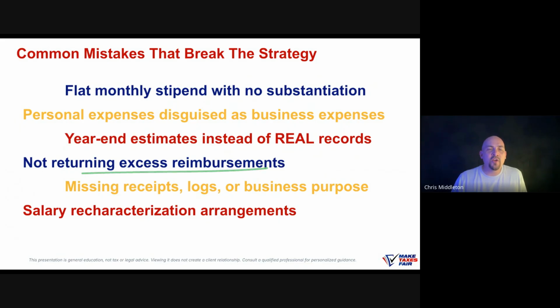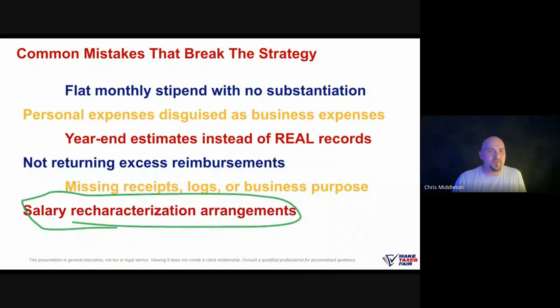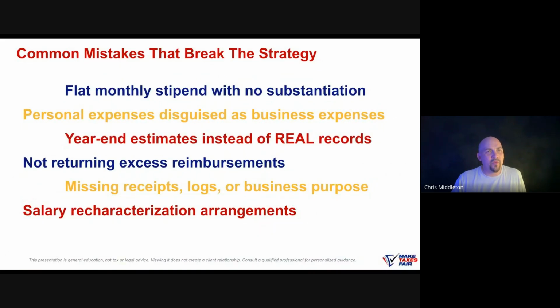People that don't return excess reimbursements, that's a problem. If you get reimbursed $1,000 and it should have been $899, that excess needs to be accounted for and returned to your employer, even if you are your own employee of your own company, right? Missing receipts, logs, or business purposes, or salary recharacterization arrangements. That's a whole thing in and of itself.